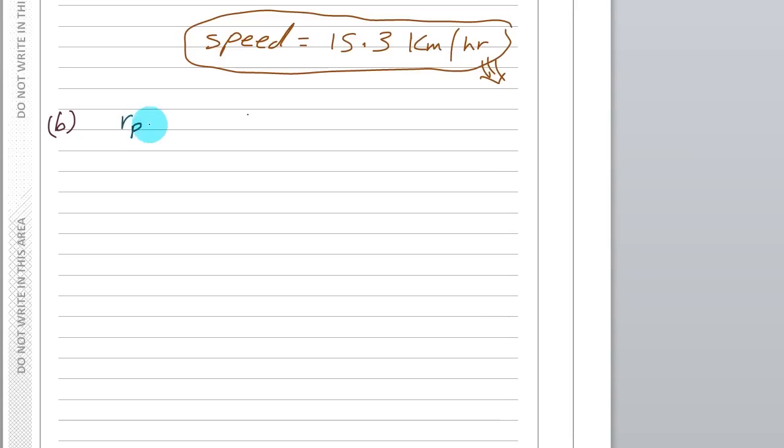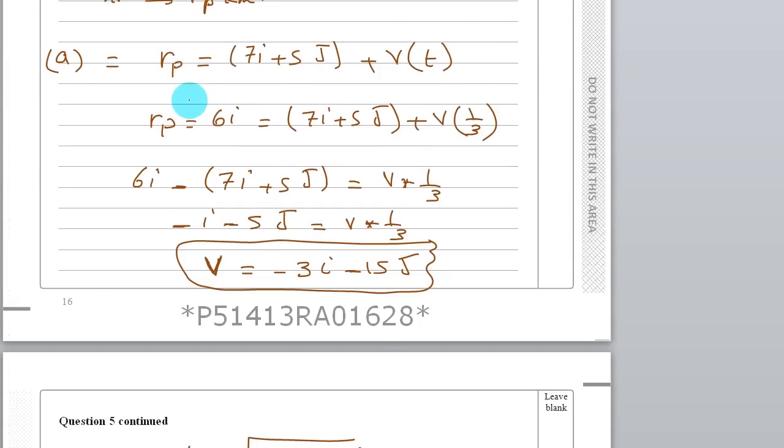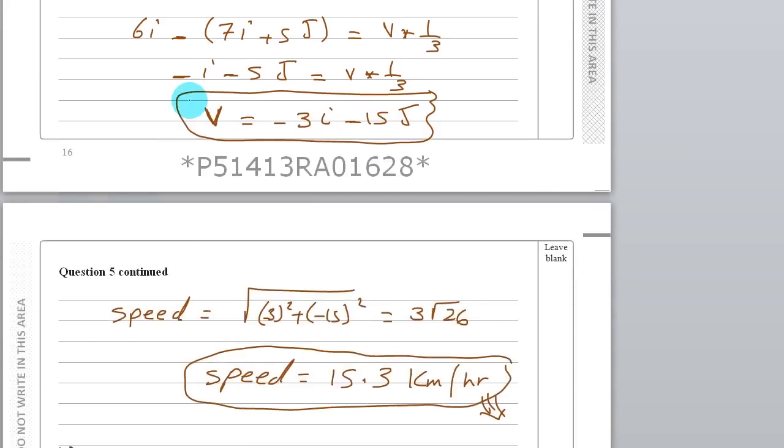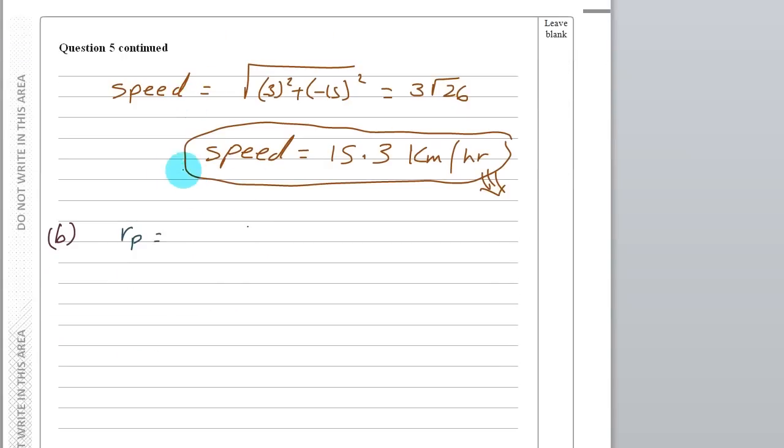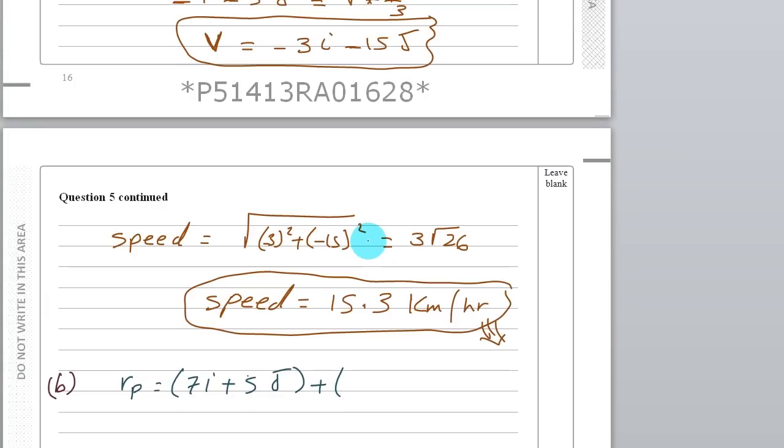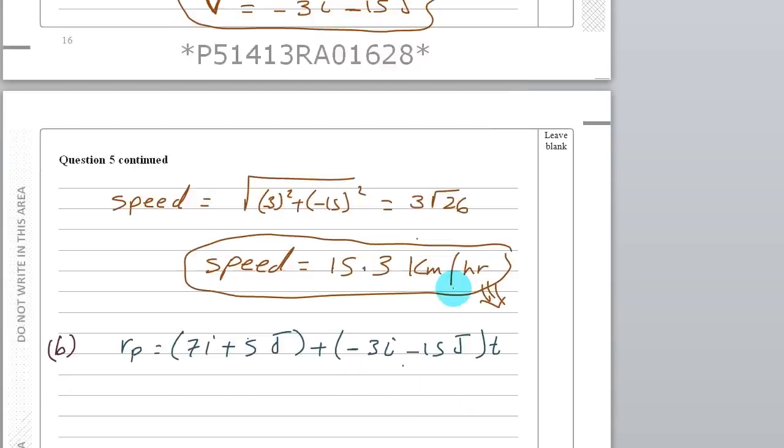RB is equal to, now the position of the point is 7i plus 5j, plus v, we find v from here, minus 3i minus 15j multiplied by t.